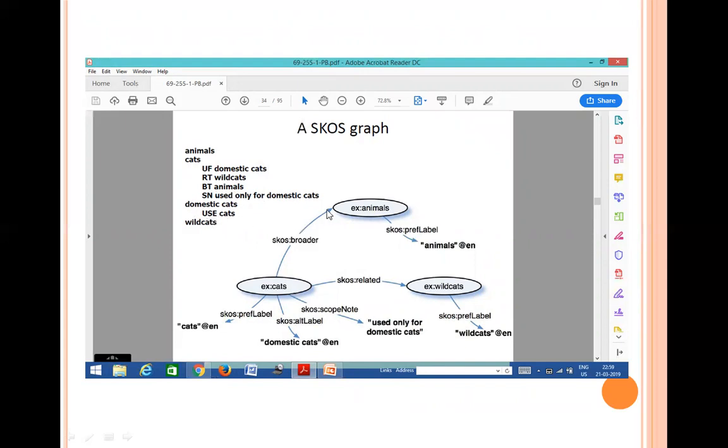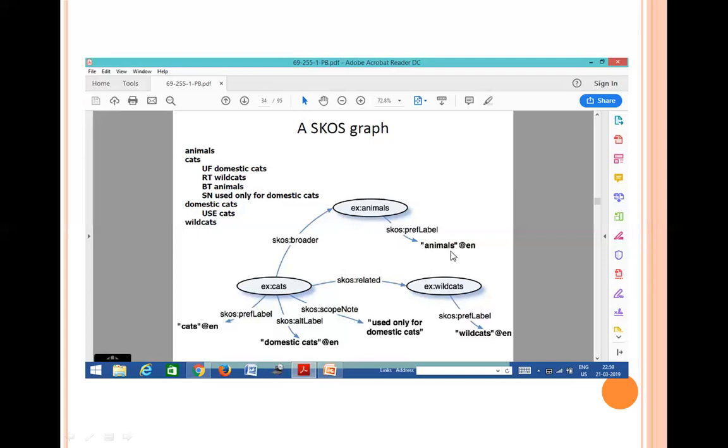That means if you are preparing an entry for domestic cats, don't use the word domestic cats. You have to use the word cats only. Okay, this is a typical entry used in a thesaurus. You see how this thesaurus, a traditional knowledge organization system, is converted into a SKOS graph. It's very simple. You can see here, cats is a term we have. It has a broader term called animals. What is the preferred label in SKOS?